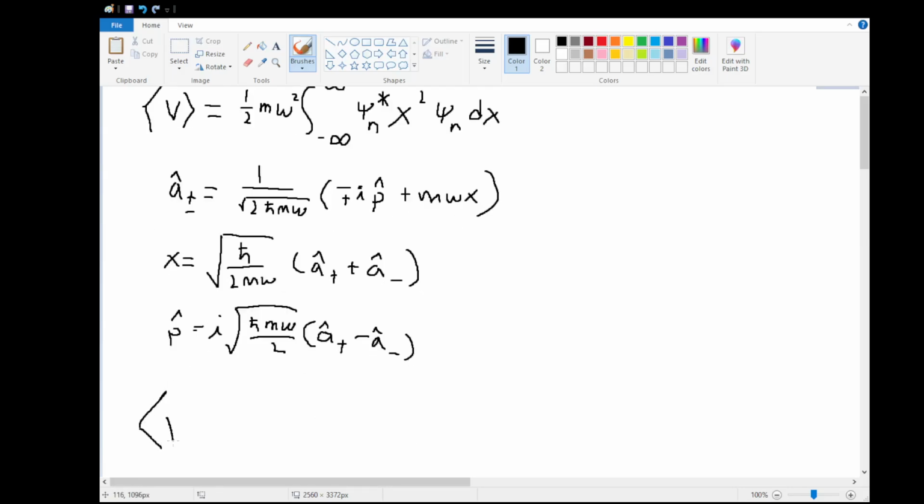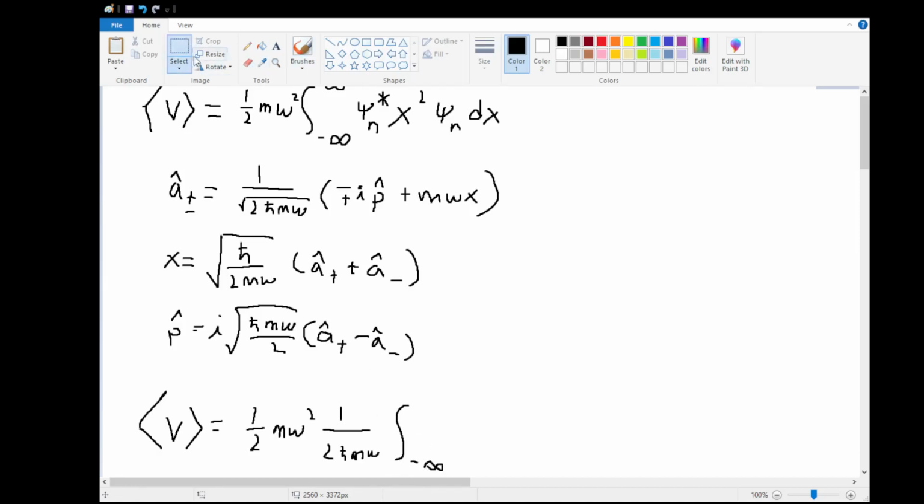And if we shove this in, then what we get is, well, we only have x, so V is going to be equal to, and we have the 1/2 m omega squared at the start, and then we have this constant term at the front that gets squared, so times 1 over 2 h bar m omega, and then our integral from negative infinity to infinity.